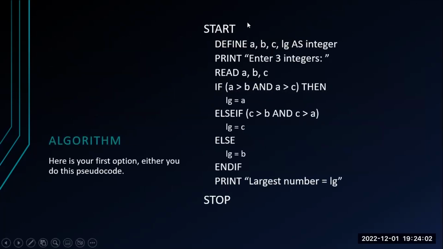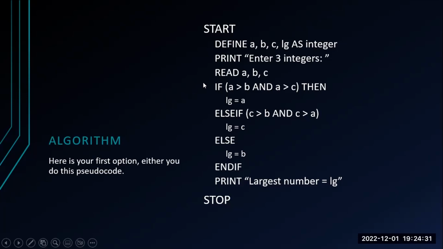Here you have your three integers being read into the computer. Then you have your processing, where the first number is being compared against the second and third, or in this case, the third number being compared against the second and the first, and if not, then choose the second number.